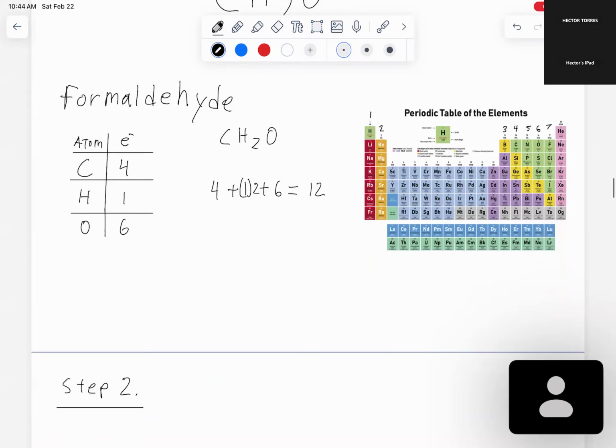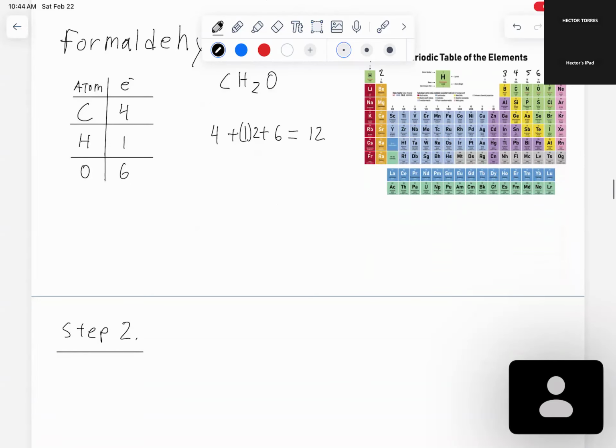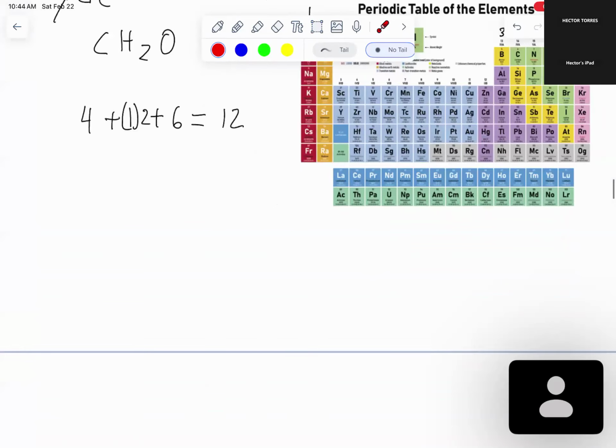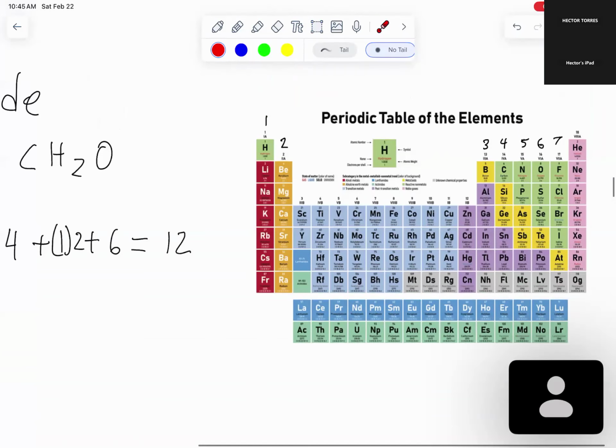So we go to step 2, and we think about the connectivity. Here, we have carbon, hydrogen, and oxygen. Looking at the trend of electronegativity, we look over here at our table again. We can see that oxygen's right next to fluorine, so that's going to be quite electronegative.